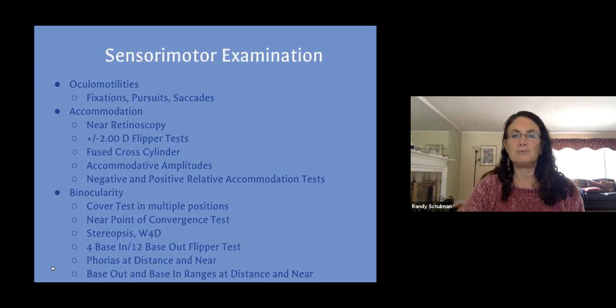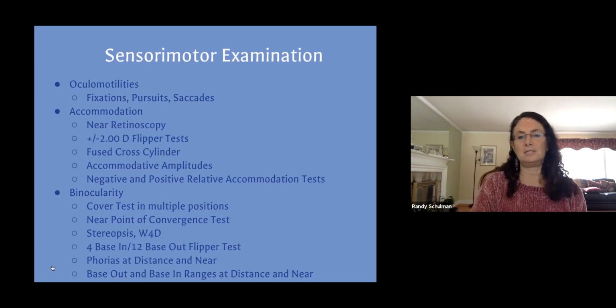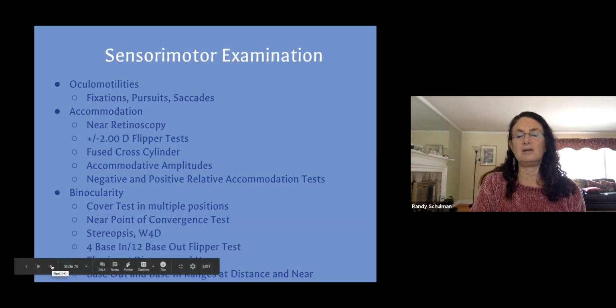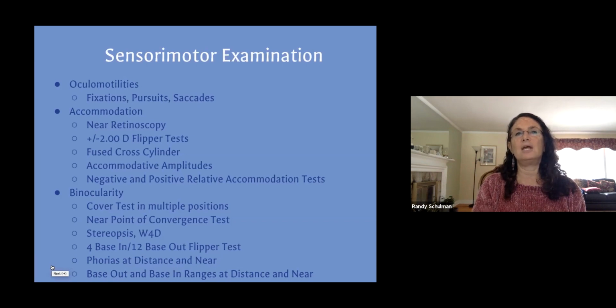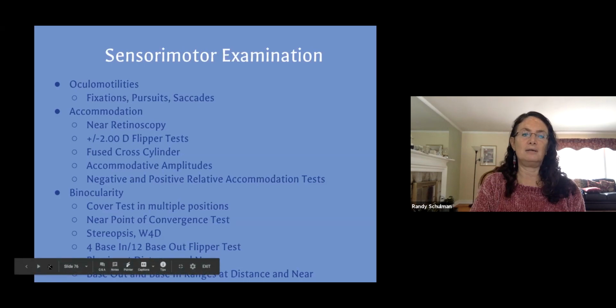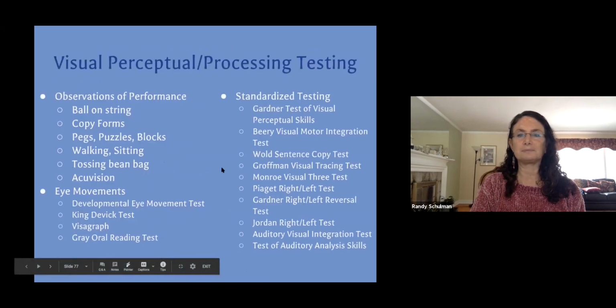I like doing a prism flipper test, which is 12 base out, 4 base in. I'll look at phorias at distance and near, and then ranges, base out and base in, distance and near. And then I do the OEP models where we'll do the positive relative accommodation first, and also the base out findings first, followed by the base in findings.